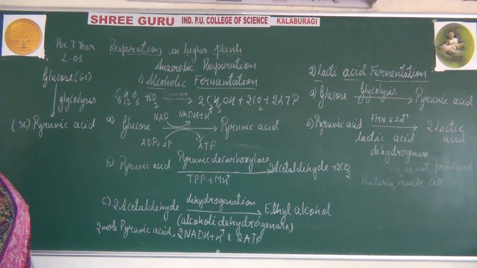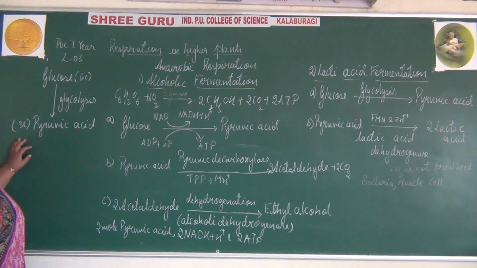So the process of glycolysis is the breakdown of the glucose molecule, a complex molecule, into pyruvic acid, or the stepwise breakdown of the glucose molecule into pyruvic acid is known as glycolysis.